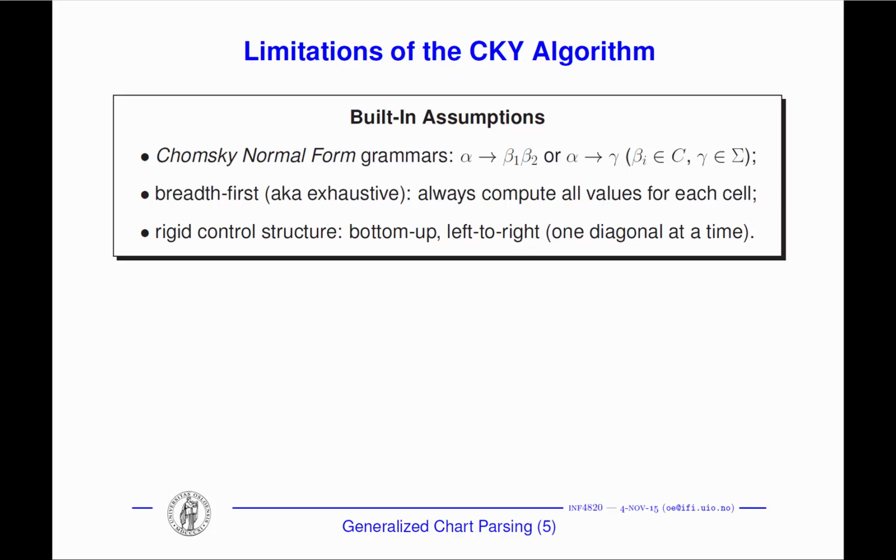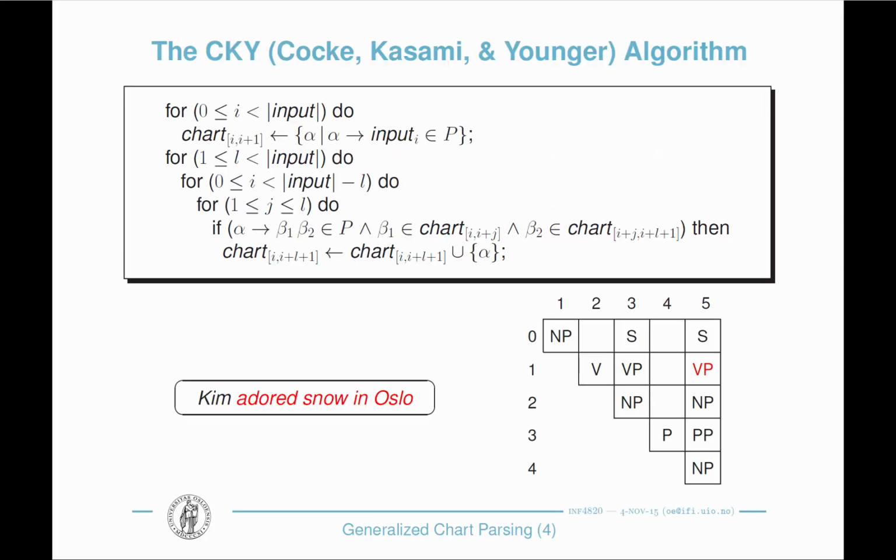Furthermore, if we think about the order of computation, then CKY is breadth first or exhaustive in the sense that we need to be sure that we have all possible assignments for the lower diagonals before we can move on to the next diagonal. That's the prerequisite or precondition for taking just one path. So the algorithm will only be correct if at the time that I'm trying to put something here, I can be confident that everything that can possibly be put here and here has been found.